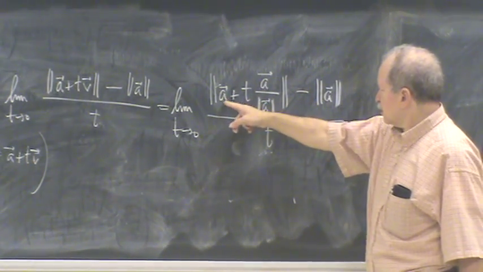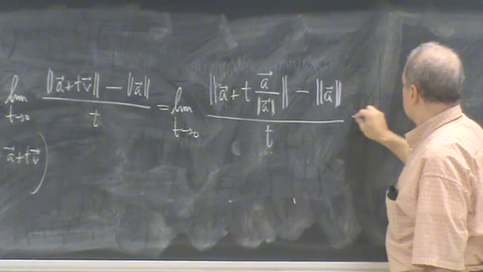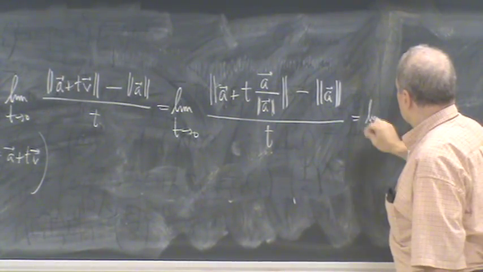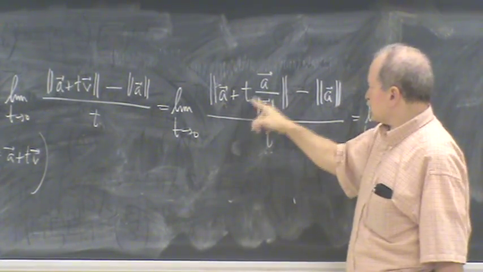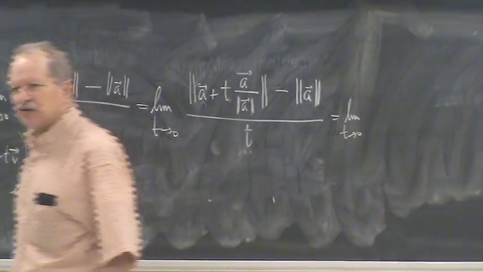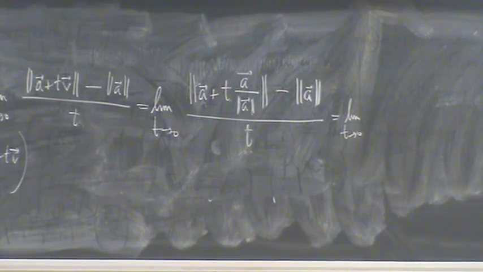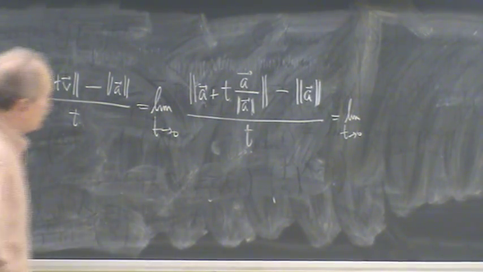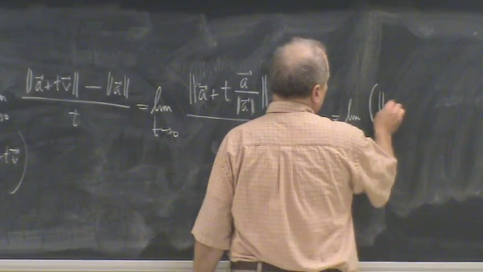If you take A plus t times a unit vector in the direction of A, what length vector do you have? A plus t.